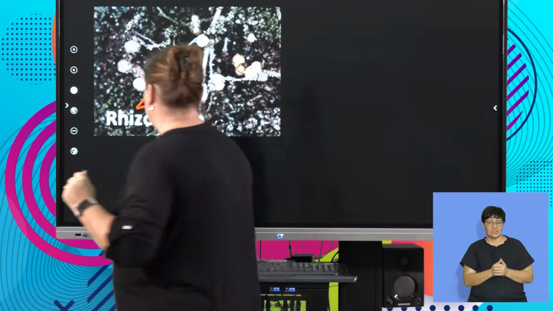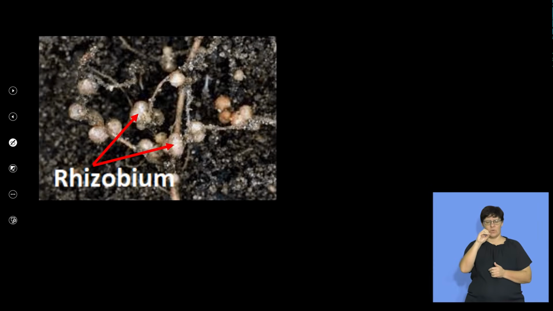Now guys, also a concept that we've looked at before. What is rhizobium? Now this is a bit of a picture over here. This is the bacteria that we find. It's a mutualistic relationship. We're going to see a picture just now.